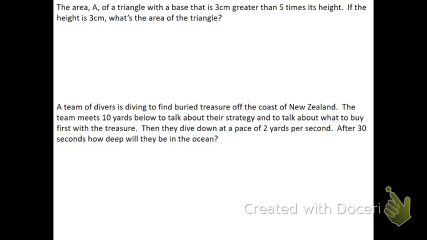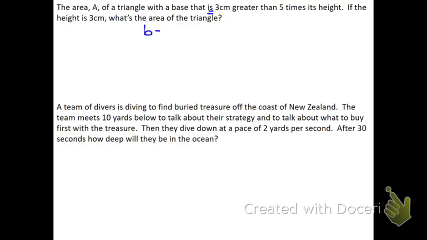So the next one's similar. The area of a triangle with a base that is 3 centimeters greater than 5 times its height. If the height is 3 centimeters, what's the area of the triangle? So let's set up our equation first. We want to know what the base is, and "is" is going to represent our equal sign.